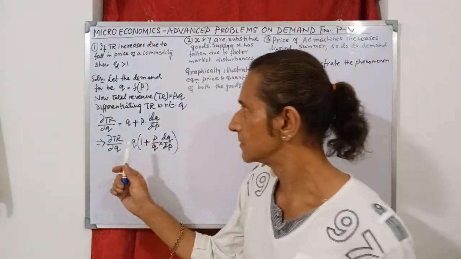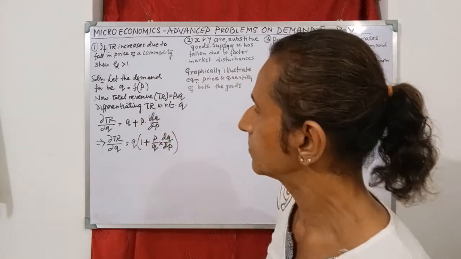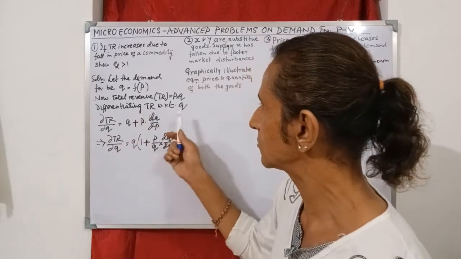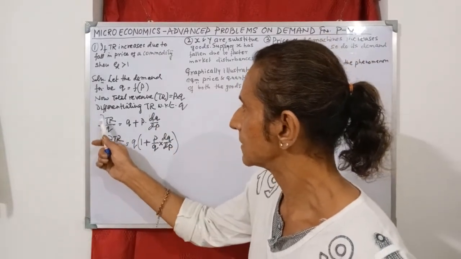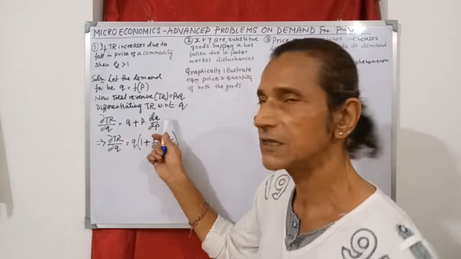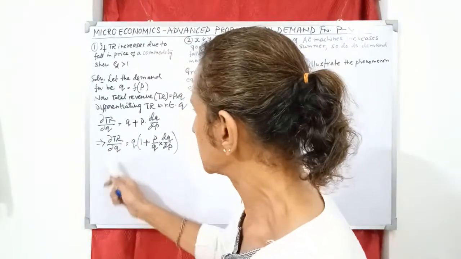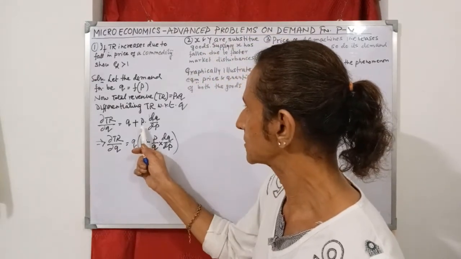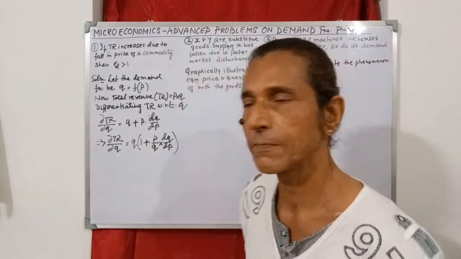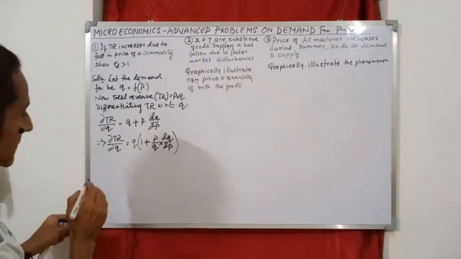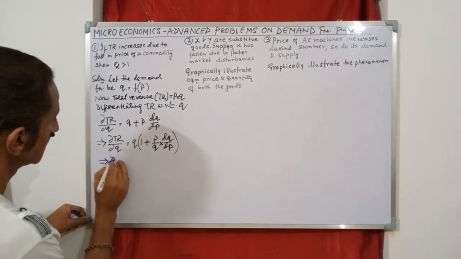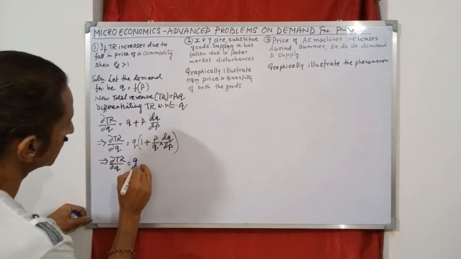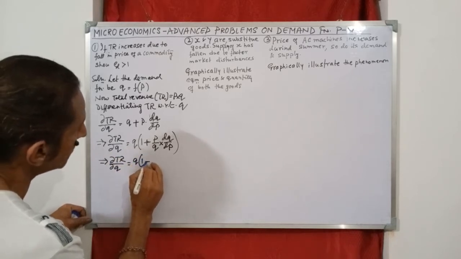Right? TR equals to PQ. Now we have differentiated total revenue, that is TR, with respect to Q, and we have got del TR del Q equals to Q plus P dQ dP. This means del TR del Q equals to Q common, within bracket, 1 plus P by Q dQ dP. This means del TR del Q equals to Q, within bracket, 1 minus ED.